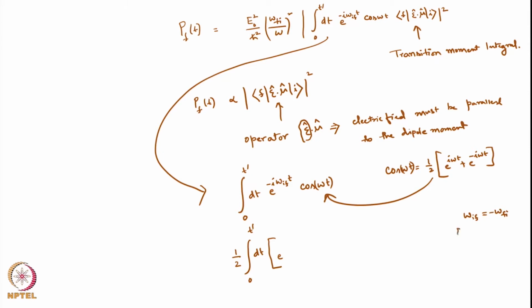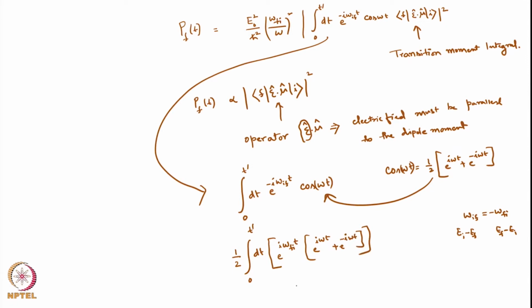This is nothing but Ei minus Ef, and omega Fi is Ef minus Ei, so that is just a reverse of sign between omega If and omega Fi. So this can be written as e to the power of I omega t plus e to the power of minus I omega t.